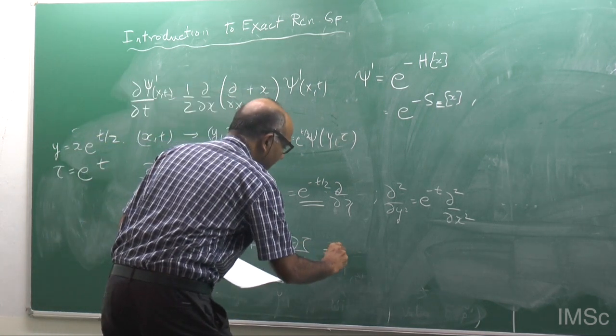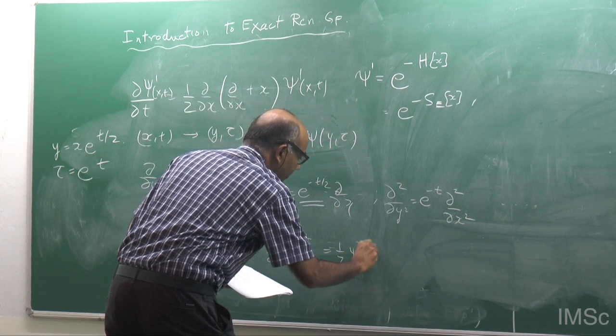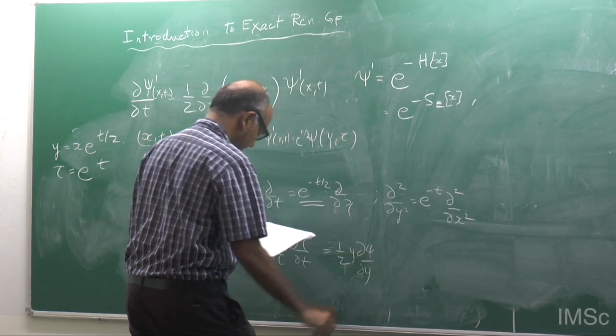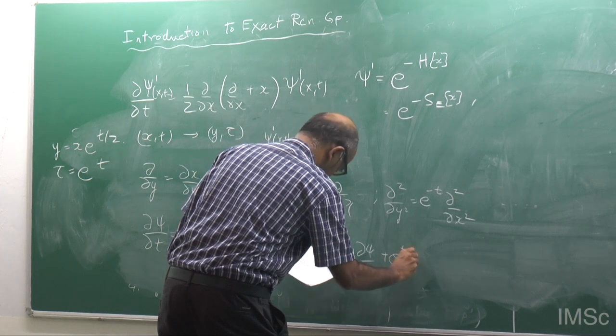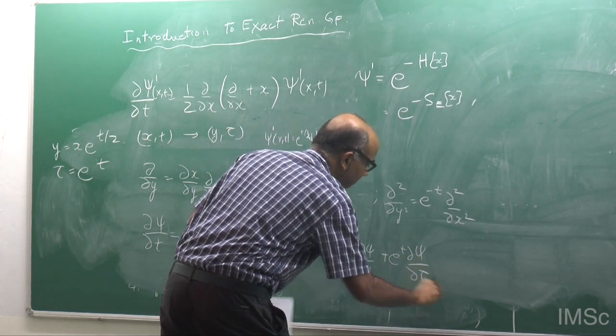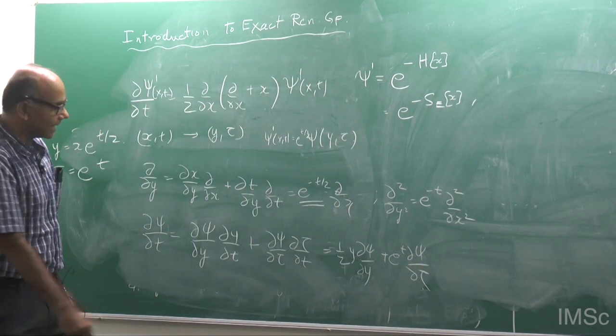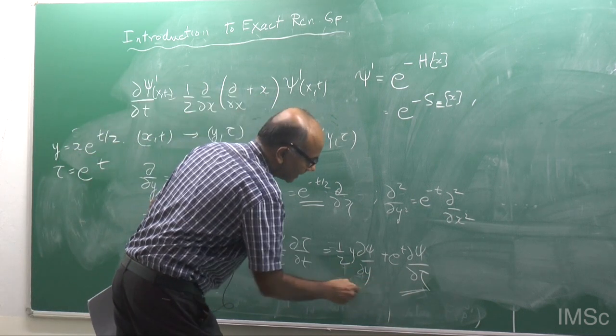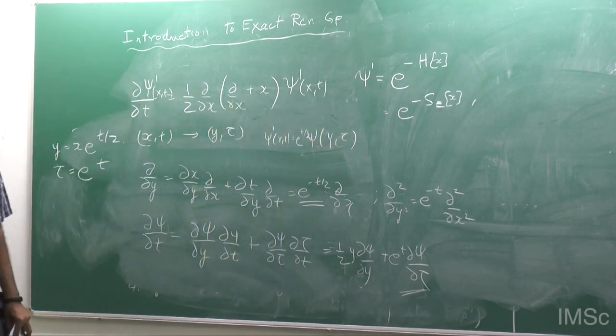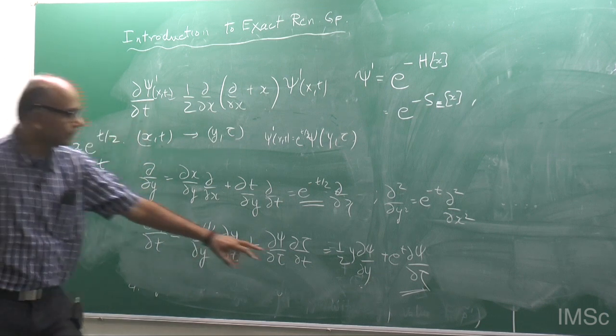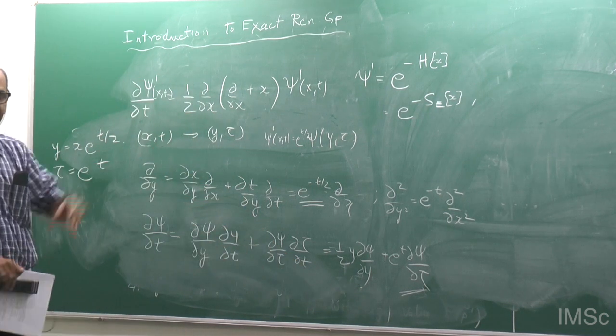So this becomes half y d/dy. So you notice that the time derivative has also a space derivative. This is also a typical feature that happens in RG. So your left hand side will now involve this, so your equation is going to get modified.